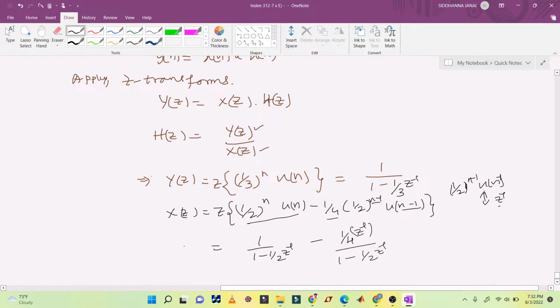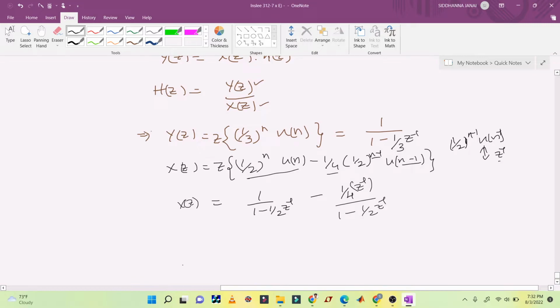Okay, this is our x of z. Now what is h of z? H of z is the ratio of y of z and x of z.